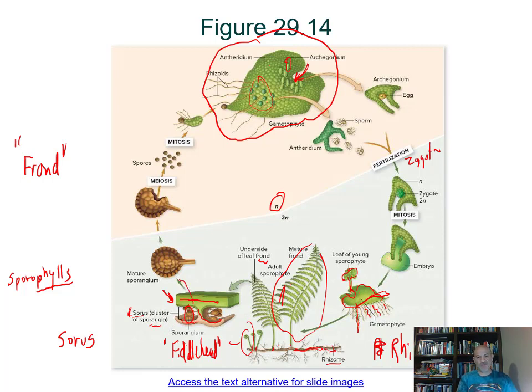So now they've removed one of those sporangia, and inside, remember, what do you have in there? The entire body of this plant now is diploid because of that fertilization. So the cells that make up the sporangia are also diploid. But there's going to be special cells in there called spore mother cells. They're also called sporocytes. That's the synonym. So your sporocytes within there, which are the spore mother cells, those are the ones that are going to go through meiosis.